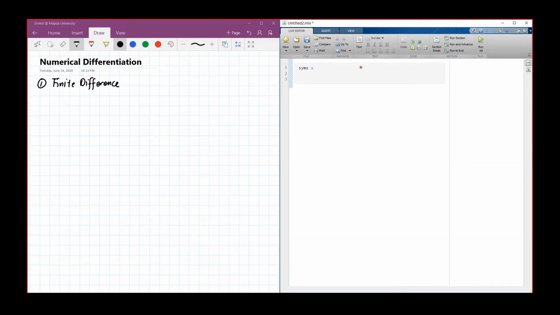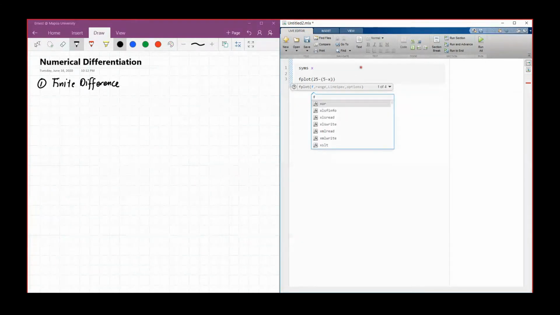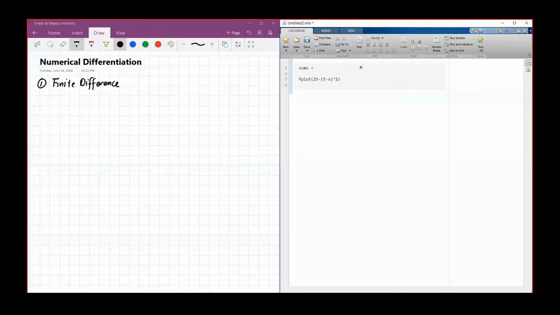Let's say 25 minus, fplot, 5 minus x, and limit our x-axis from 0 to 7 and the y-axis from 0 to 30.